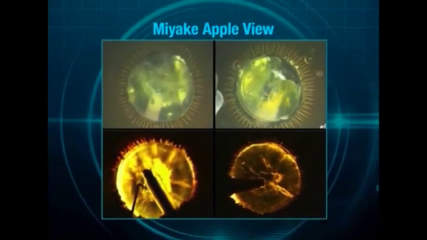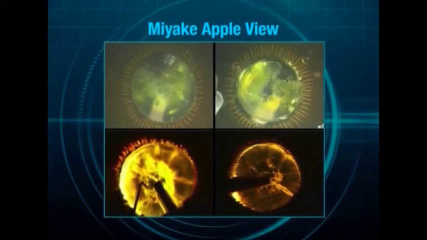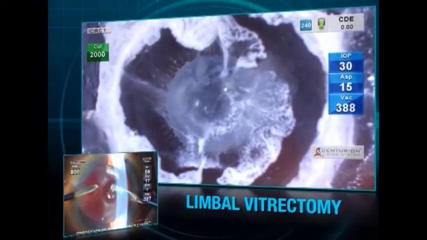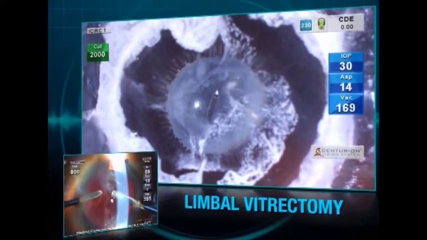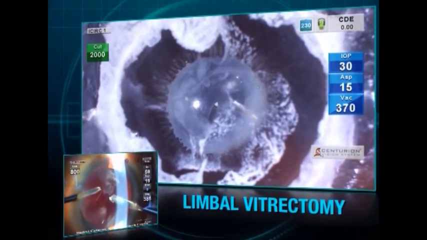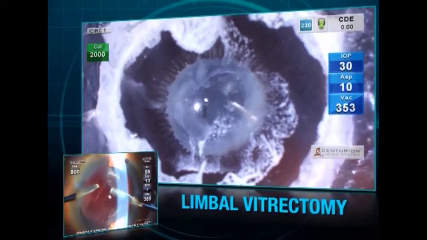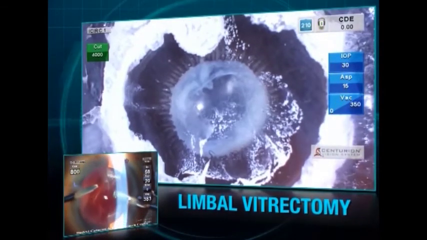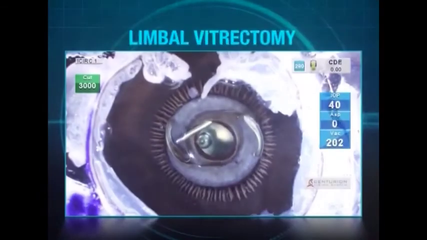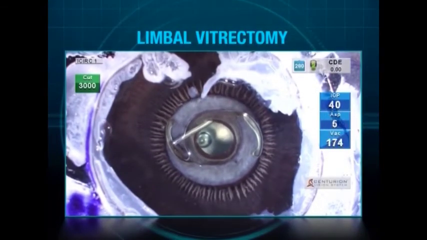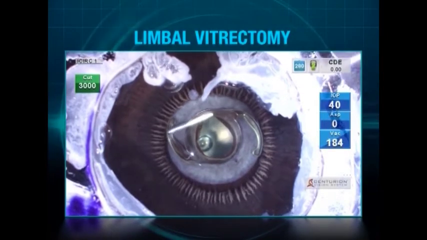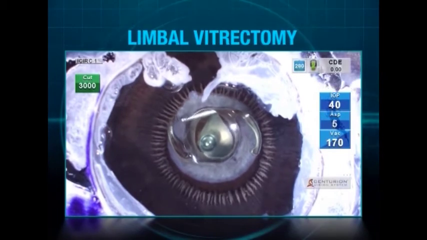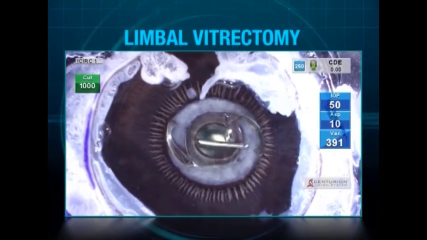We chose the Miyake apple view to help further demonstrate this. Look at the asymmetric removal of the anterior vitreous behind the capsular bag when a limbal vitrectomy is performed. Additionally, the traction on the vitreous base and the capsulo-zonular complex may worsen IOL instability.